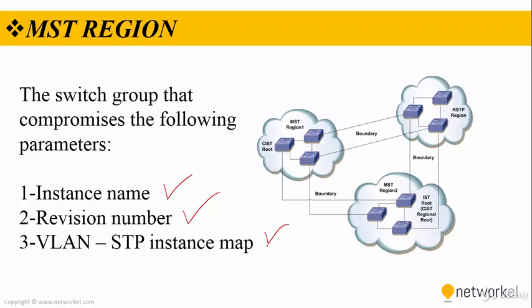Please keep in mind that details are not shared between different MST regions, and different regions see each other as virtual bridges. One of these regions is used for inter-region communication, and that's called the regional root bridge.